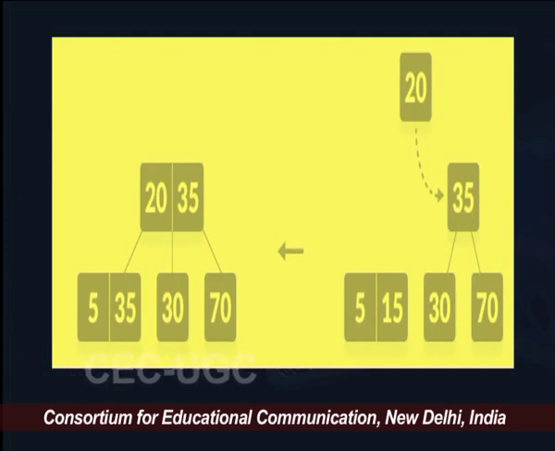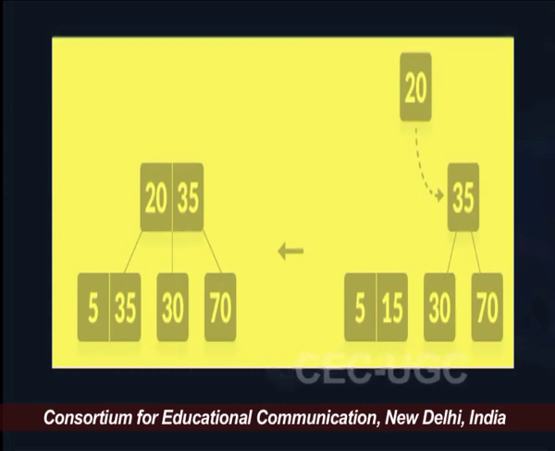So, when we do not have anything in the parent node of 5 and 15, we are going to merge the root node 20 and the available node on the level of the deletion, which is 35, and the resulting tree, if you can see, is arranged in such a manner that 20 and 35 when merged give you the parent node 20 and 35.